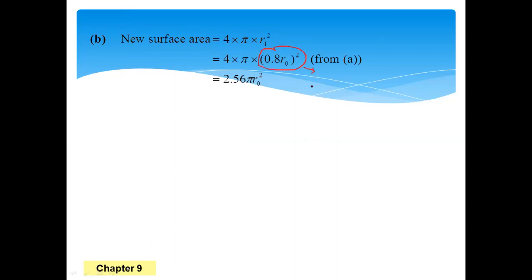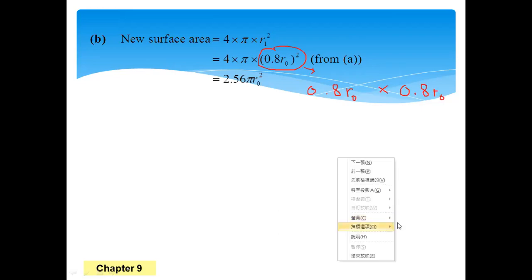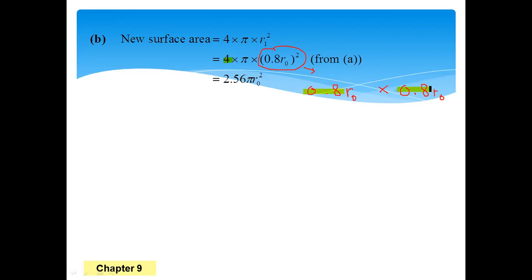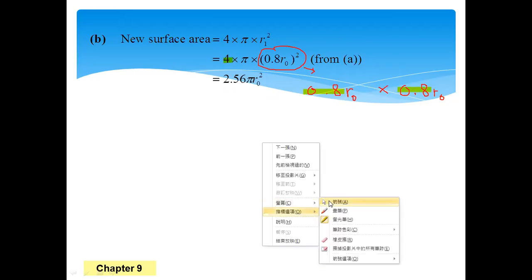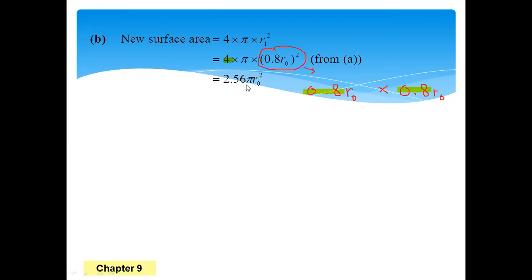It means 0.8 R original times 0.8 R original. So you multiply 0.8 times 0.8, which is equal to 0.64, times R0 squared. Don't forget the value pi, okay?